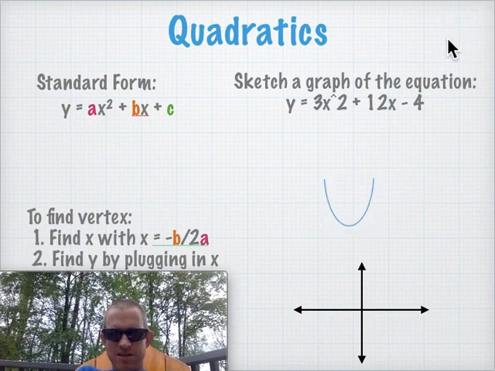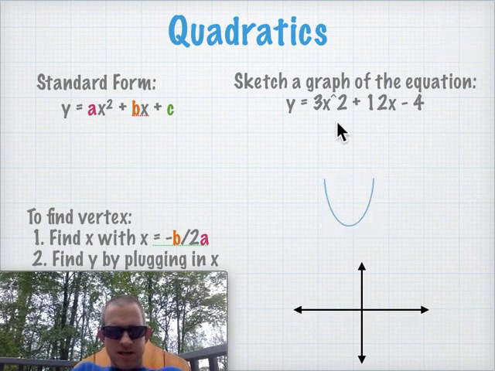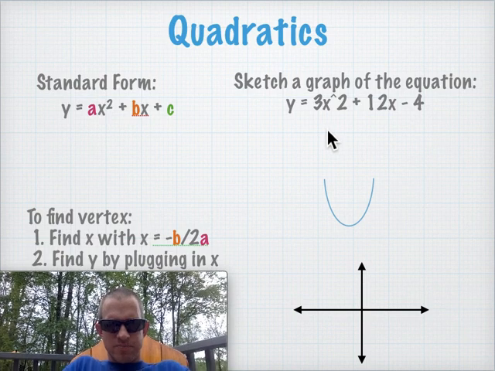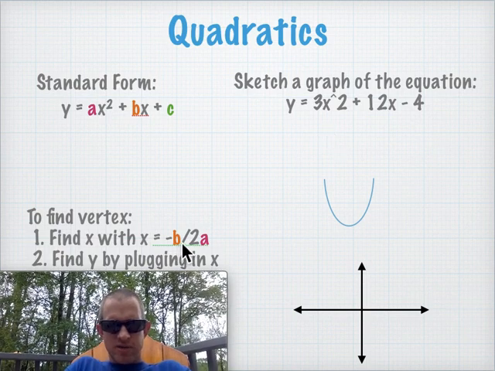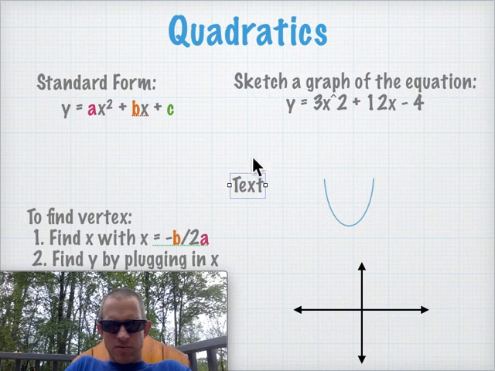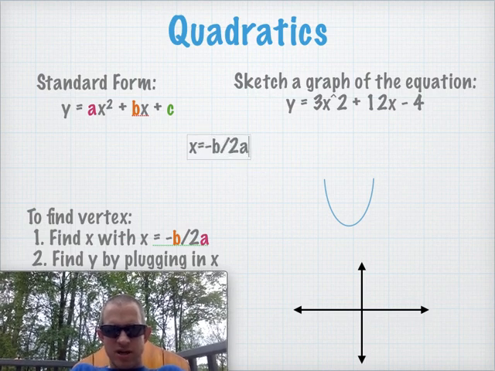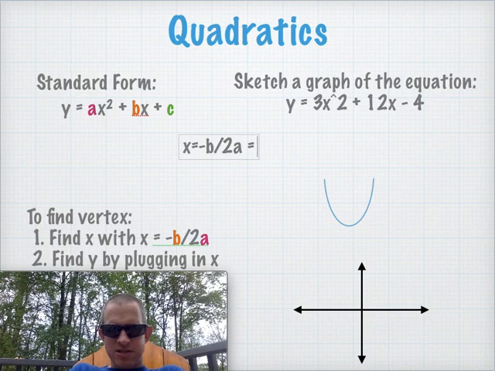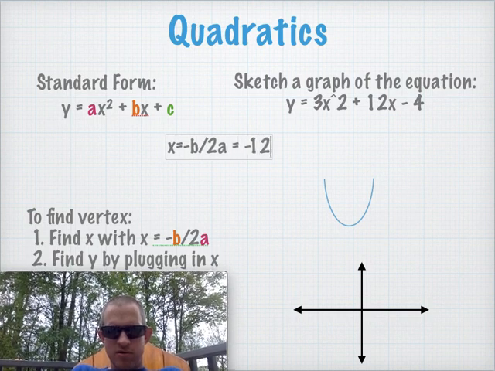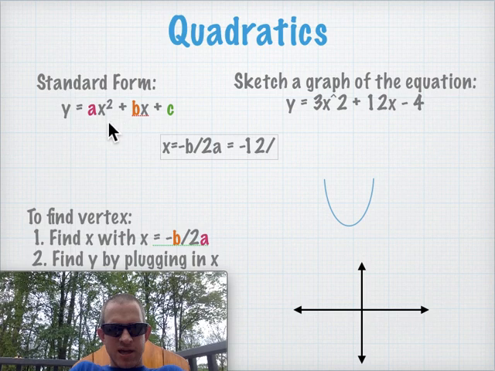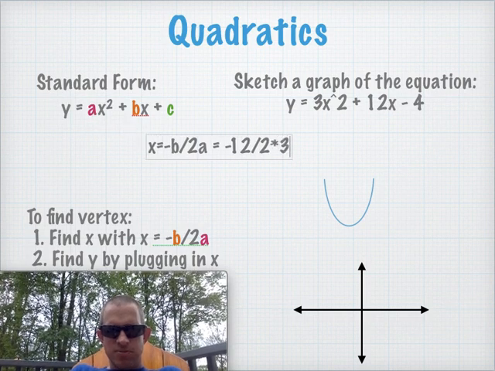If we wanted to find the vertex, what I would do is use the formula, negative b over 2a. And so x equals negative b over 2a. And b in this case is 12. So negative 12 over, a is 3, so 2 times 3 on the bottom.